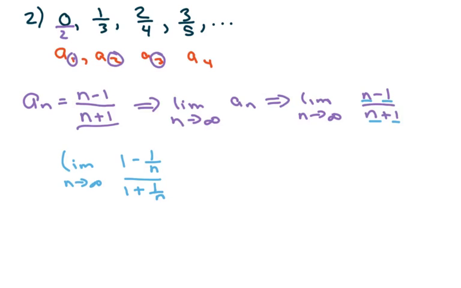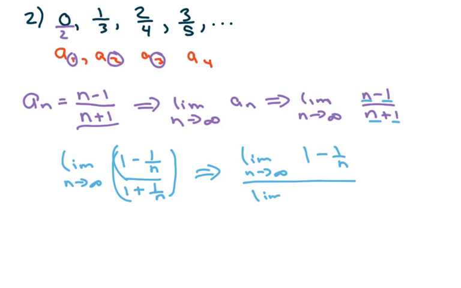And then the way I can write that, I can split all this up. I'm going to go ahead and just take 2 steps and just write this as the limit as n approaches infinity of 1 minus 1 over n, over the limit as n approaches infinity of 1 plus 1 over n.